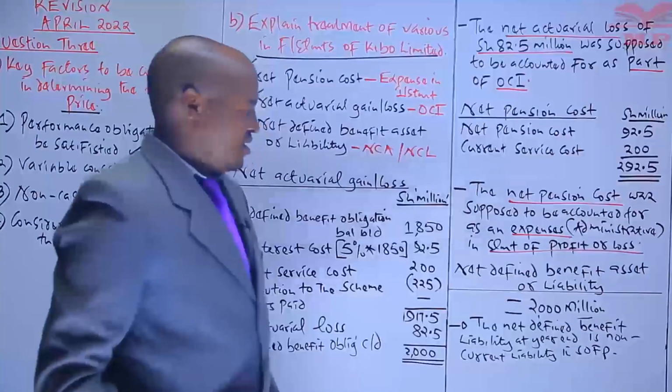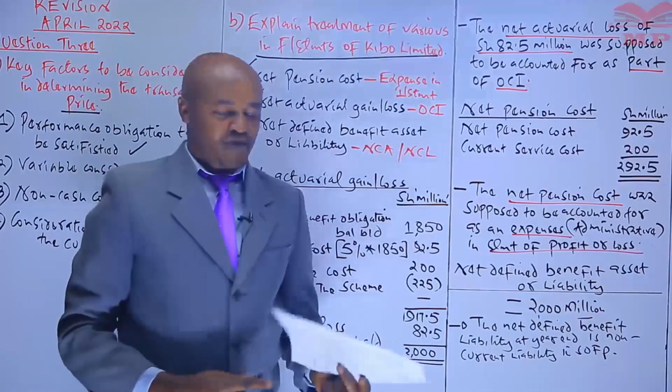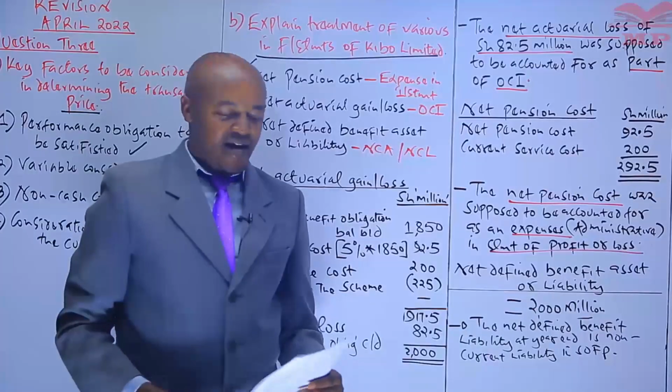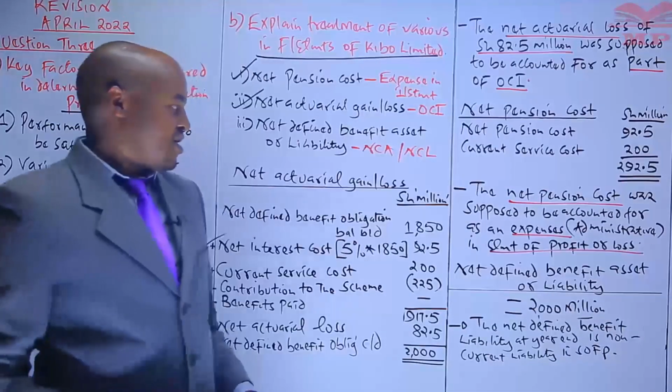So therefore this was supposed to be accounted for, or basically to be taken to the company's statement of financial position as an item of non-current liability.